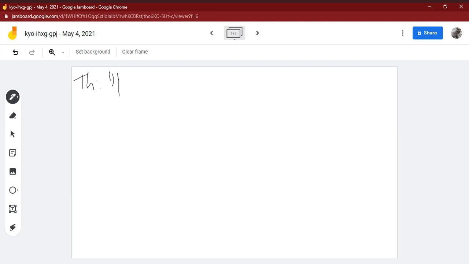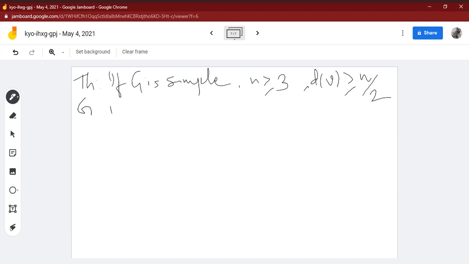That is, if G is simple with n vertices, n greater than or equal to 3, and the degree of v is greater than or equal to n by 2 for every vertex v of G, then G is Hamiltonian.